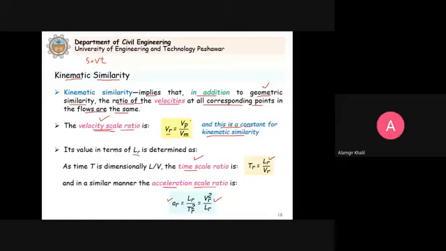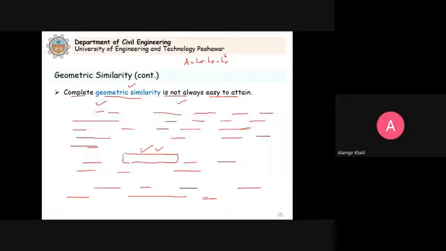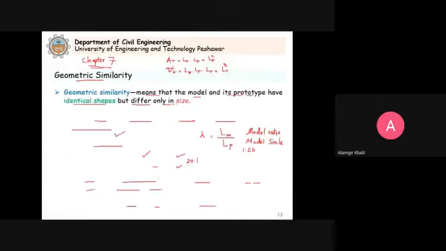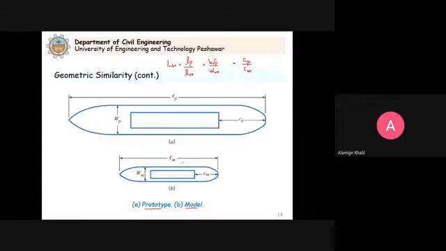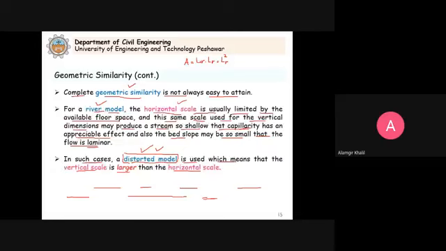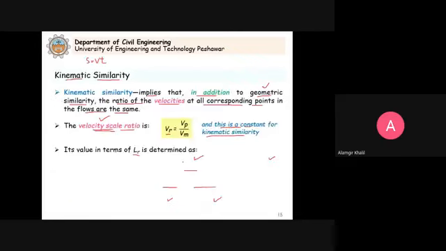Maybe in some books it will be written model by prototype. As I already explained, it doesn't make any difference. You can see here, this is the model ratio. So whether we write in this form or in this form, it should not be a big issue. But you should know that some books follow one notation and other books another notation.